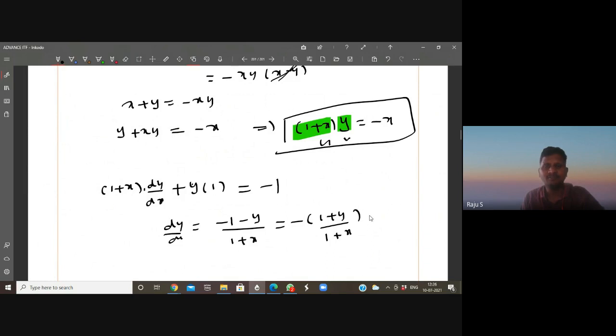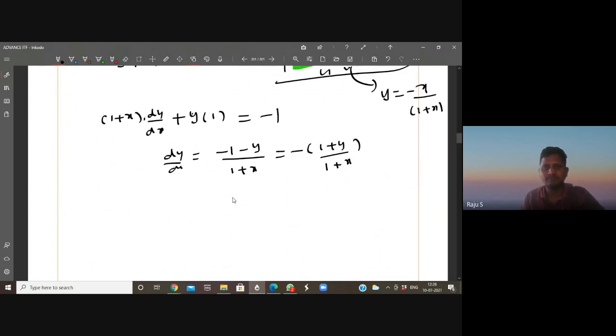Anyone? What about 1 plus y? No, just replace the y value. y is equal to what, from this? y is equal to, shall we write, minus x by 1 plus x? This y value can be replaced here. So minus of 1 minus x by 1 plus x, all divided by 1 plus x.